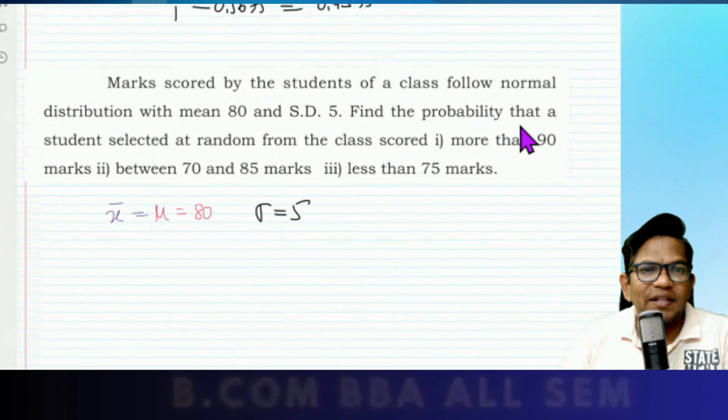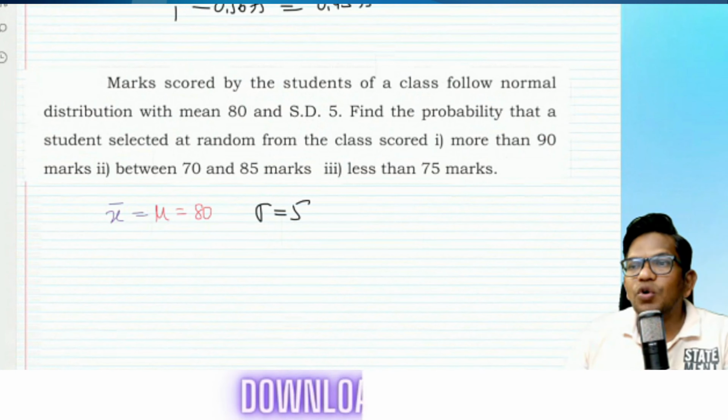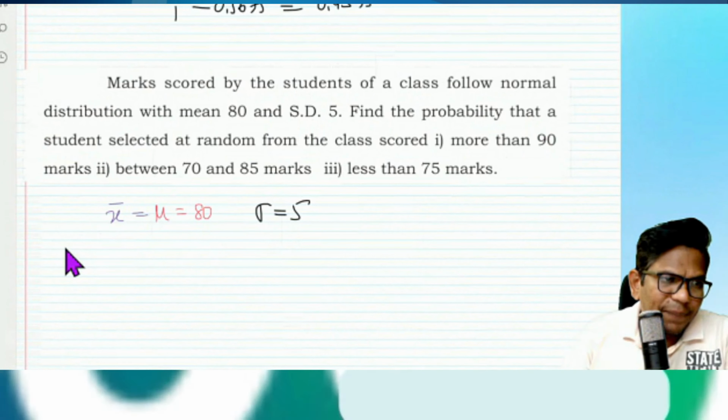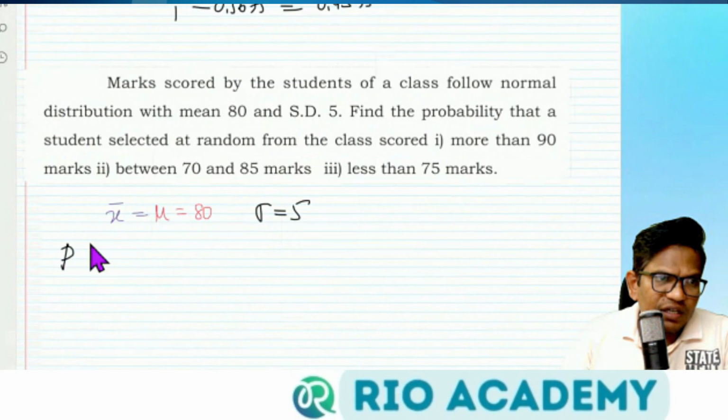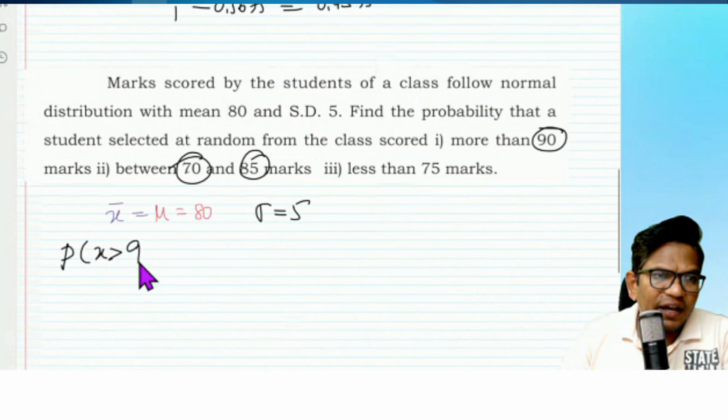Find the probability that x is more than 90. Between 80 and 85, less than. Very easy. More than 90.